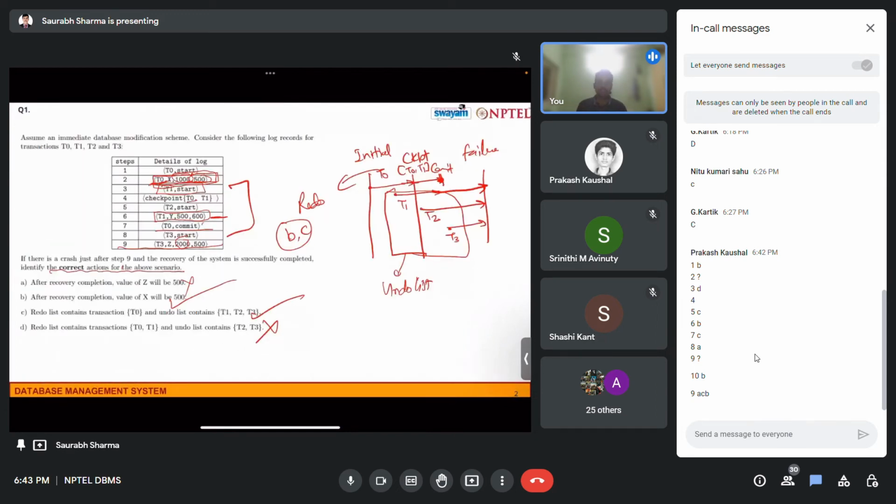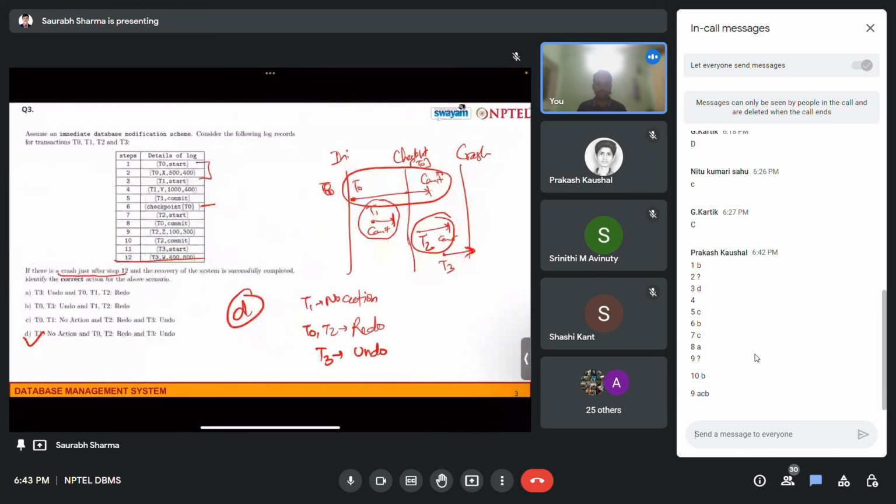The second one was actually for that equivalent kind of recovery schedule. So next I will discuss some slides. So from the first there was B and C. From the second I skipped that. That is a simple one, but it will be time consuming, I think. So the third one, the option is D.